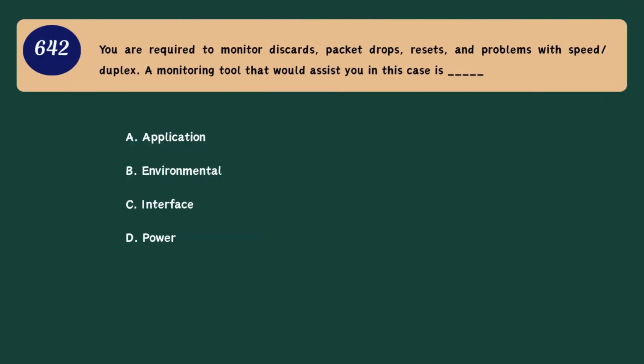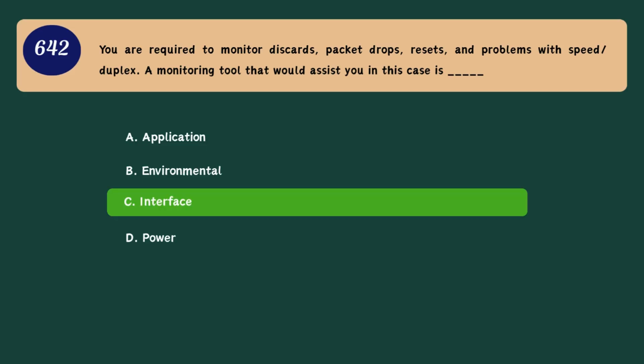Question 642. You are required to monitor discards, packet drops, resets, and problems with speed duplex. A monitoring tool that would assist you in this case is A. Application. B. Environmental. C. Interface. D. Power. Correct answer.